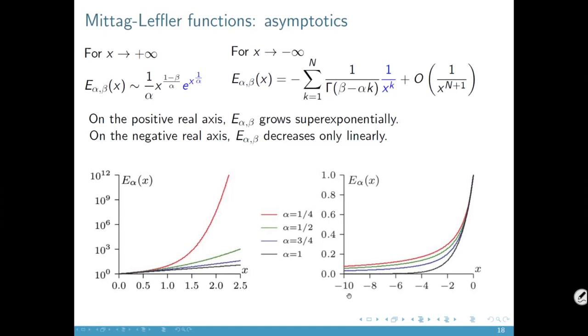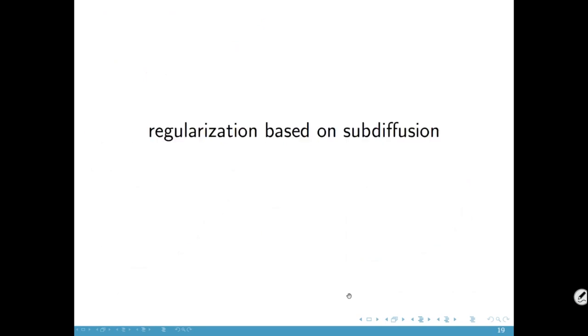And that's important. So while the exponential one decreases to 0 very fast, the fractional ones don't. They do decrease, but not as fast. And that's actually the important case for us because we are going to use Mittag-Leffler functions for negative arguments.